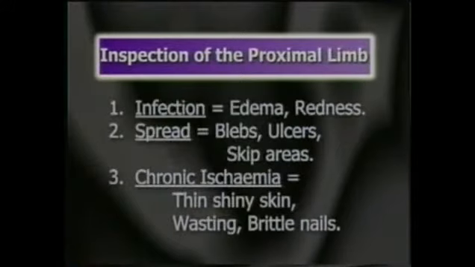Then examine the proximal limb for evidence of infection, that is edema and redness, for evidence of spread of gangrene, that is blebs, ulcerations and skip areas, and evidence of chronic ischemia, thin shiny skin with scanty hair, wasting and brittle nails with transverse ridges.